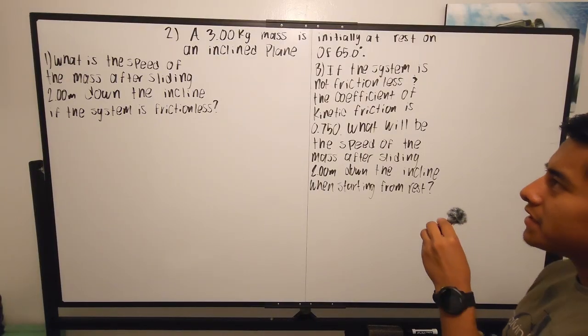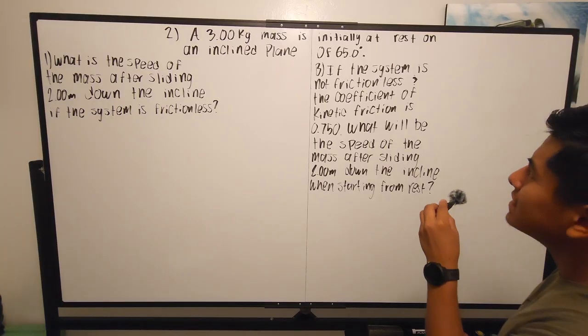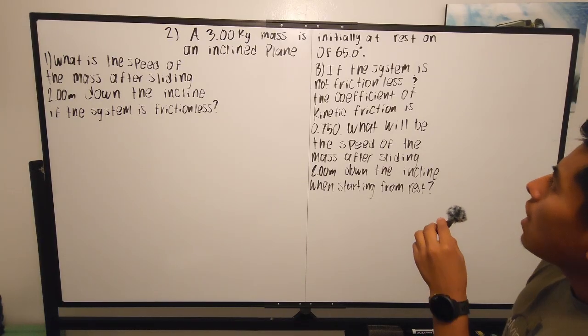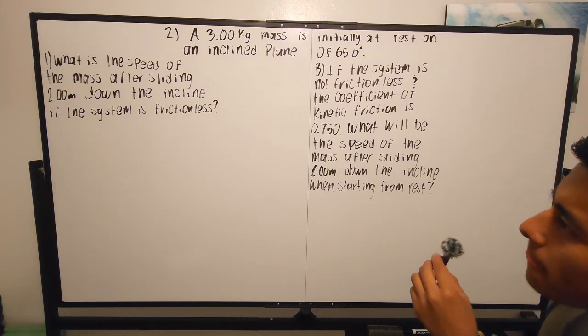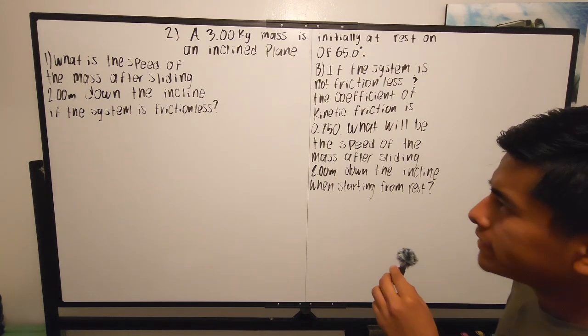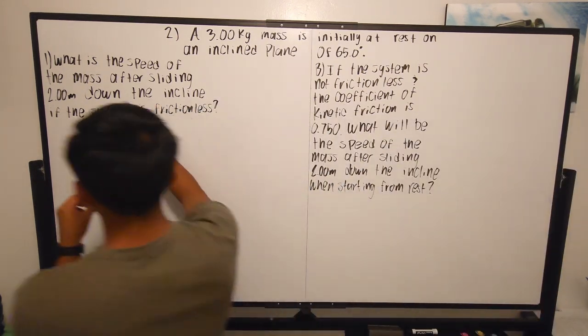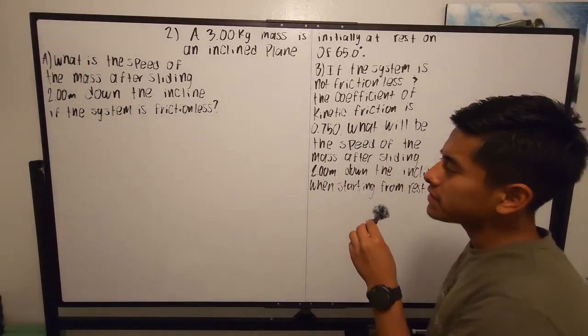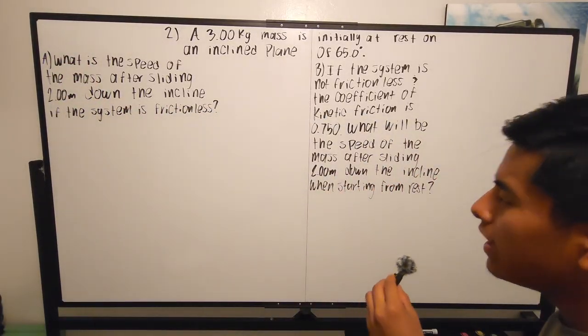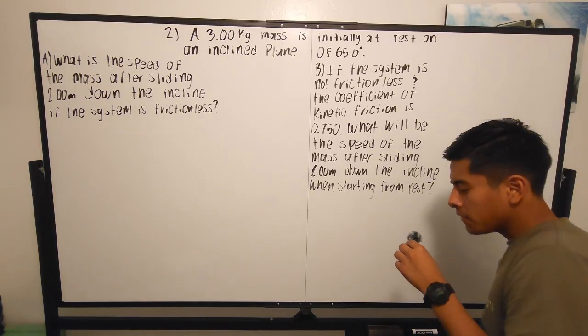The next problem says a 3 kilogram mass is initially at rest on an inclined plane of 65 degrees. Part A says, what is the speed of the mass after sliding 2 meters down the incline if the system is frictionless?